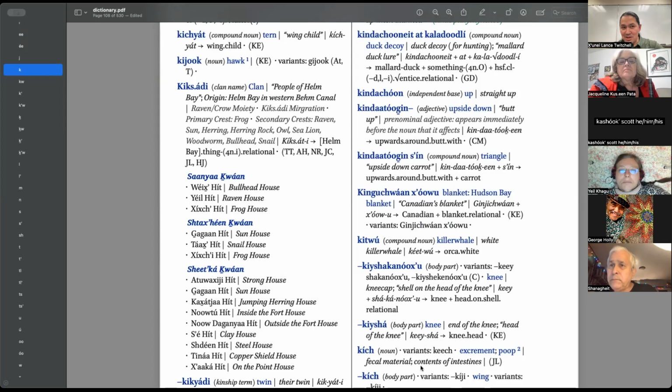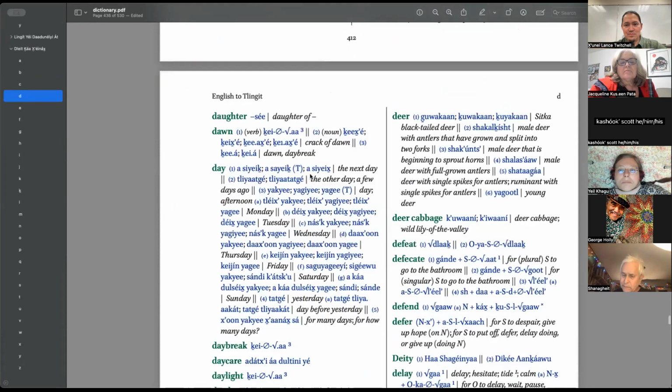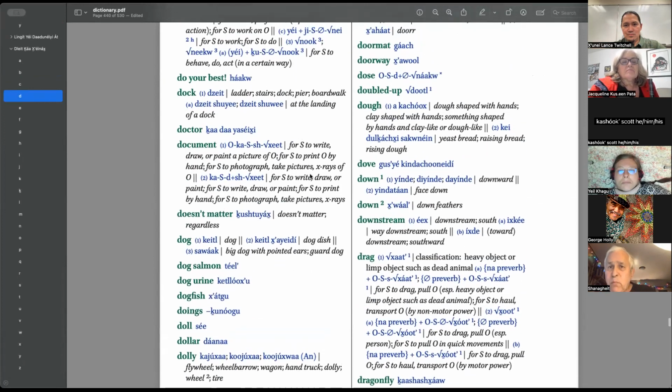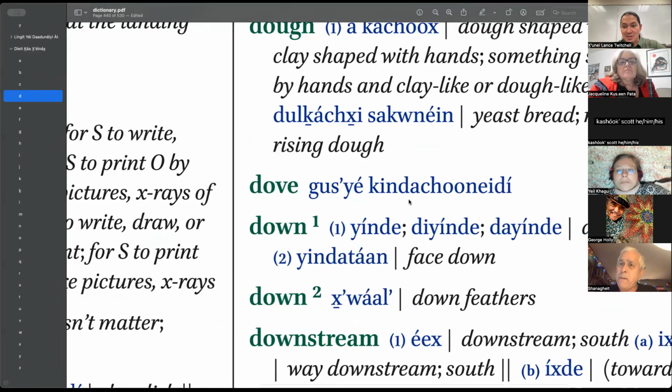What kind of little bird were you saying? I thought I saw somewhere where it was dove or pigeon. Let me see if I can find it. It's a Kindachunedi.